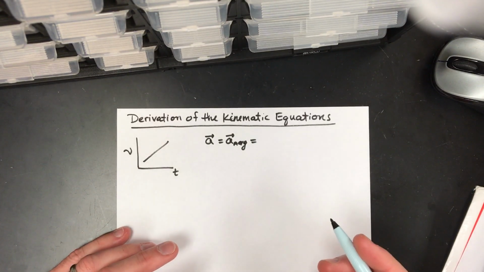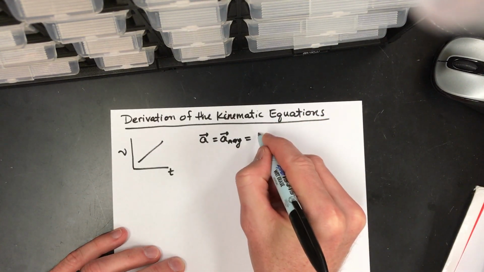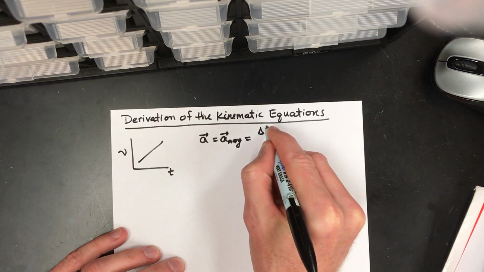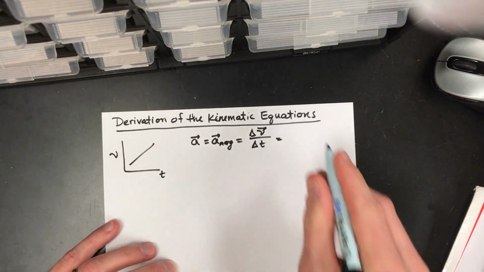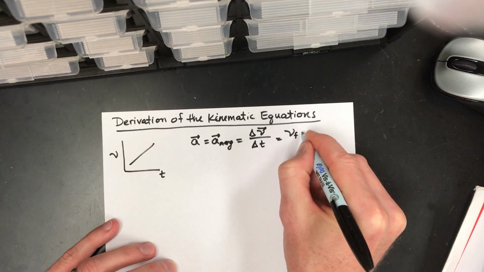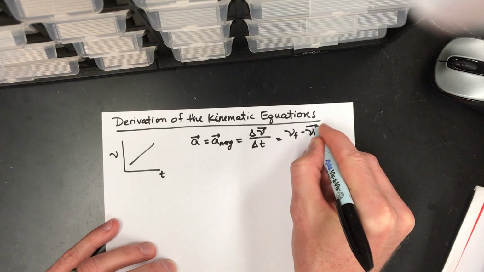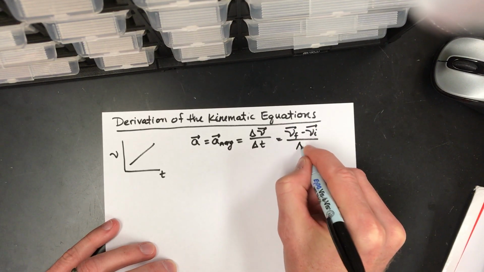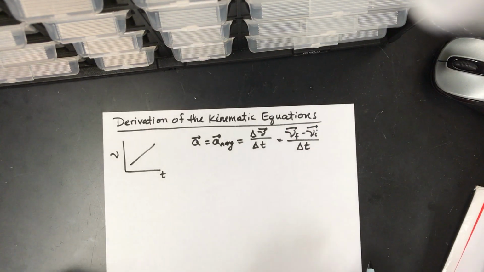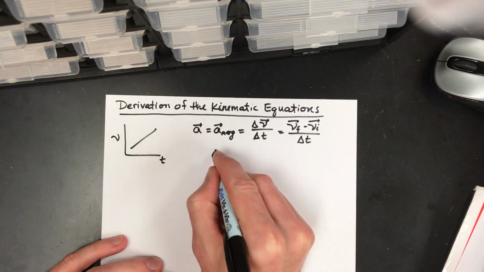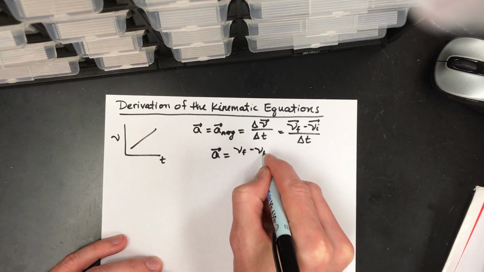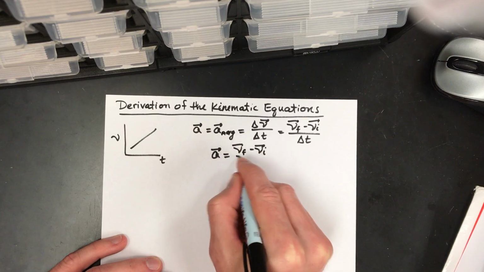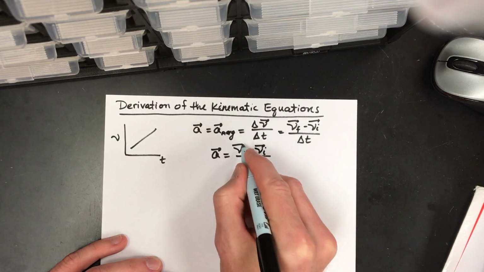Well, the definition of acceleration says that it is a change in velocity divided by a change in time. And we can expand that to say final velocity minus initial velocity divided by change in time. I'll leave that as delta t. So overall, we can say acceleration in general is Vf minus Vi divided by delta t.